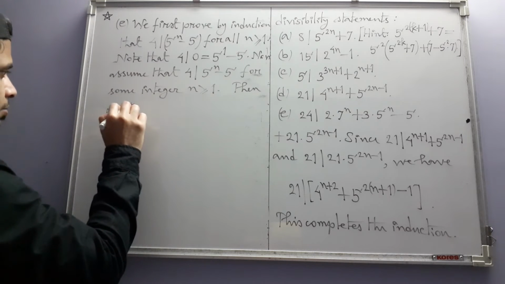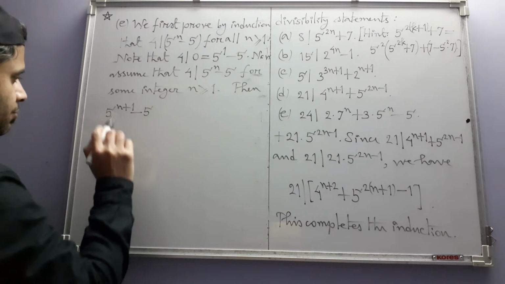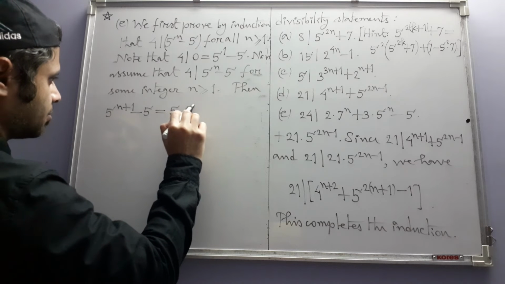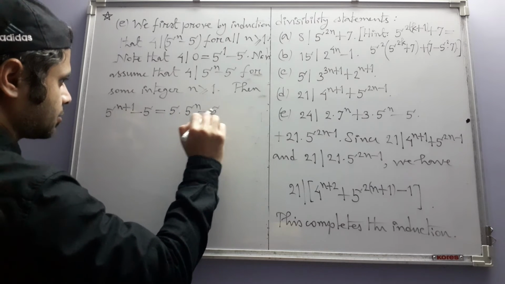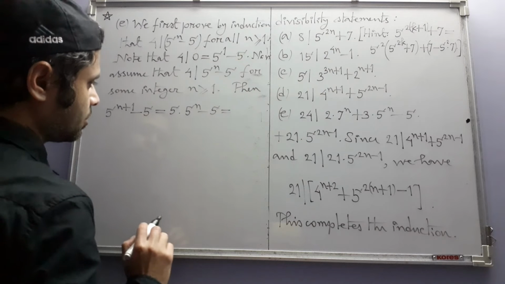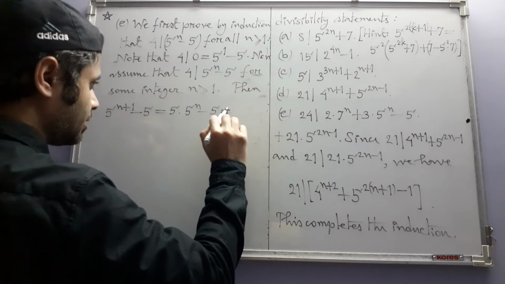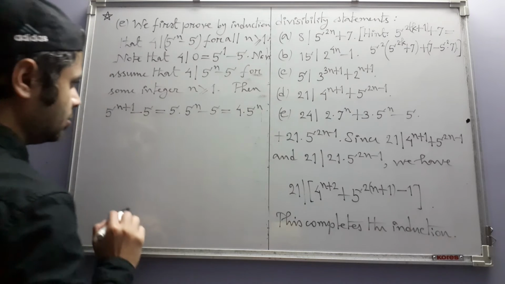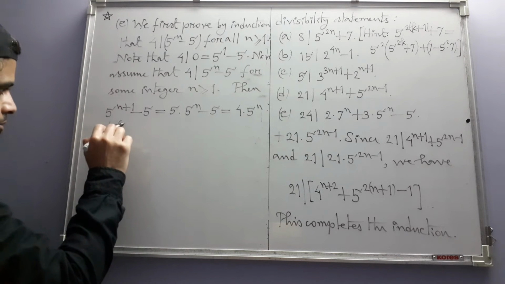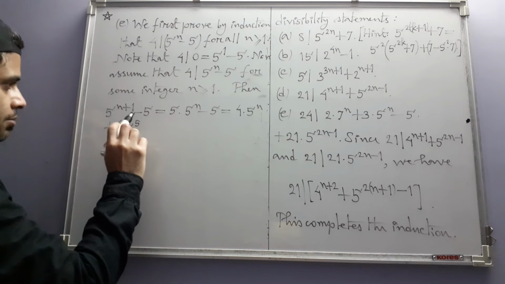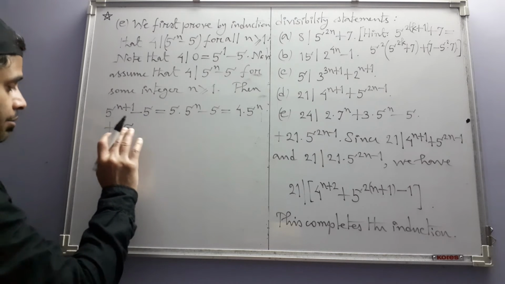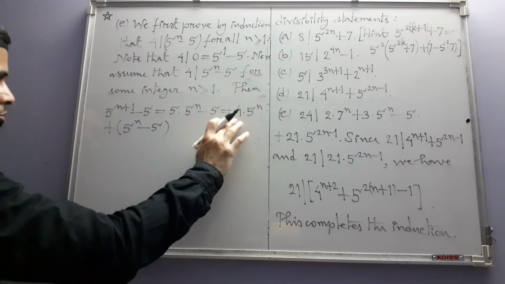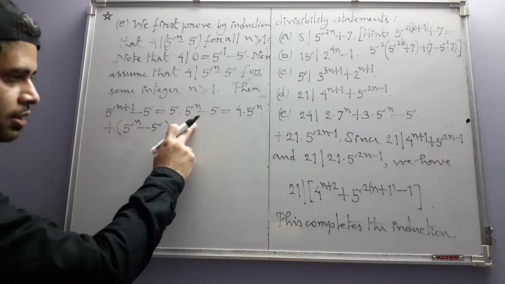5 to the power n plus 1 minus 5 is clearly 5 times 5 to the power n minus 5, and that can be written as 4 times 5 to the power n plus 5 times 5 to the power n minus 5. 4 times this plus 1 is 5 times this.